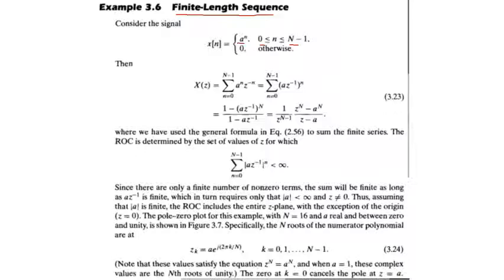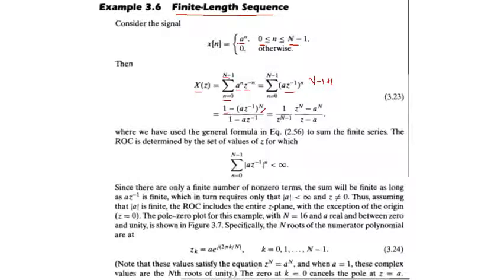Using the formula of the Z transform, summing from 0 to n minus 1, the signal is a raised to the power n, and the formula is z raised to the power minus n. Since these are finite terms, 0 to n minus 1, the geometric series formula will be the first term, a z raised to the power minus 1 to the power 0, minus the last term. The last term will be n minus 1 plus 1, which becomes a z raised to the power minus 1 raised to the power n, and then 1 minus this argument.